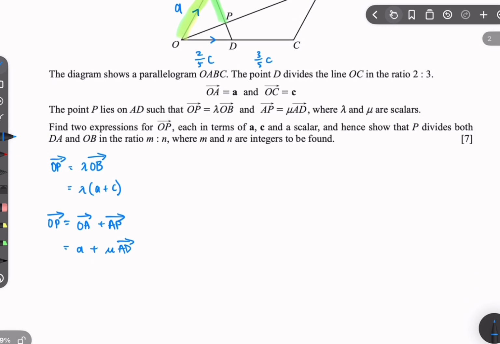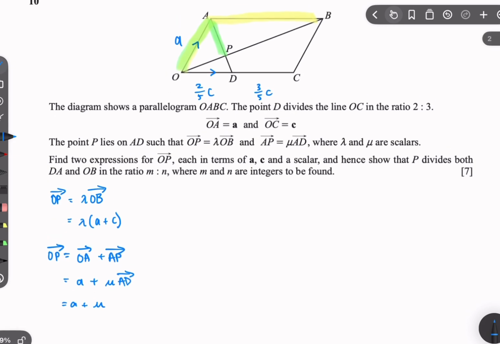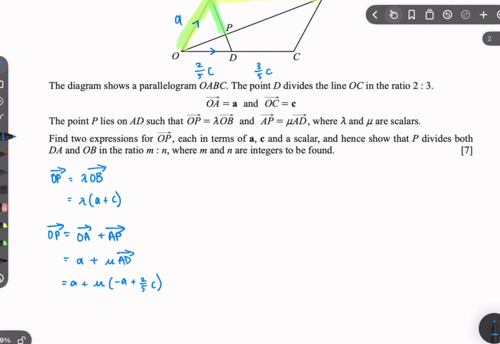And we can find AD. AD is AO plus OD, which will be minus A, because it's the opposite direction, and then plus 2 over 5 C. Okay, so this is our second equation for OP.